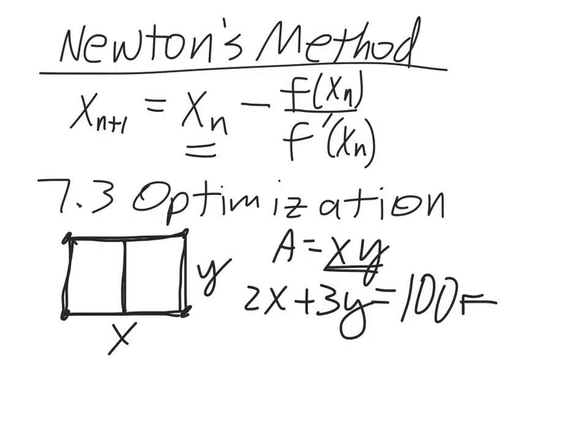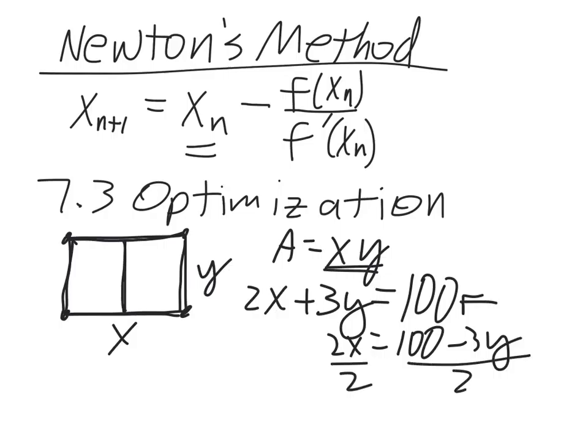In this case, it might be easier to solve for x, actually. Divide by 2, and we'd have x equals 50 minus 3 halves y. Plug that in there, and then your area turns out to be a function of y.